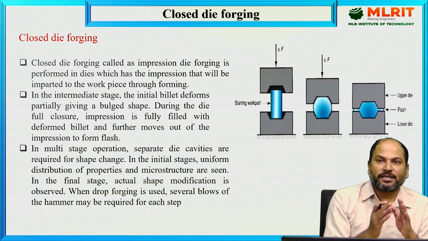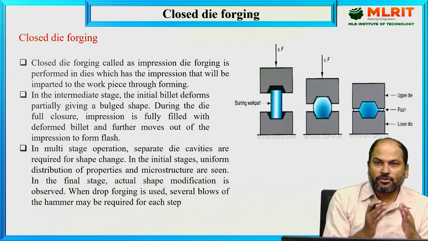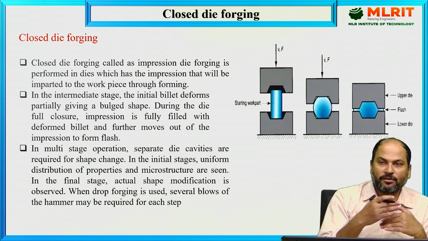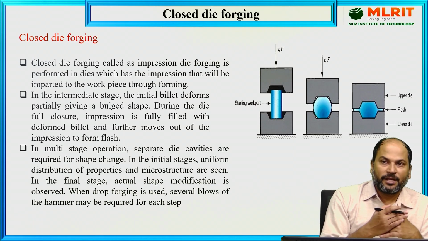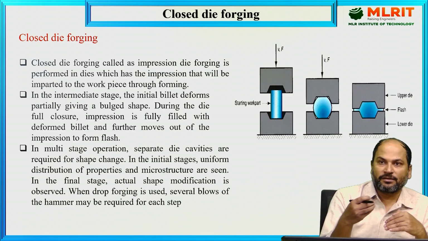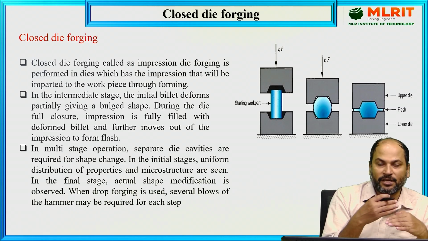But here, in closed die forging, the material will not be free to move. When we apply the force and deform the material, its flow will be confined in the die, in the cavity provided in the die.